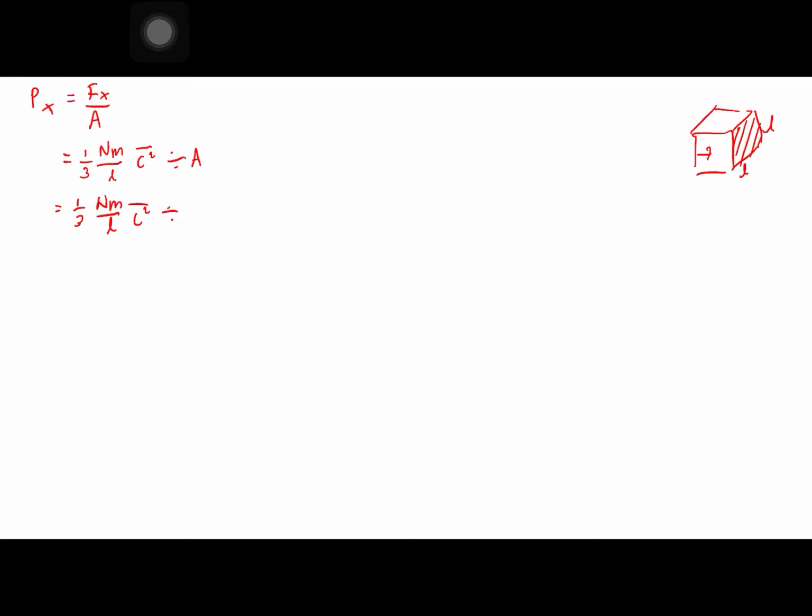It is L times L, isn't it? So it's L square. So I end up getting 1/3 nm over L c square times 1 over L square, so I get 1/3 nm over L cube times c square. What is L cube? Length times breadth times height is our volume, right? So you get 1/3 nm over volume c square.